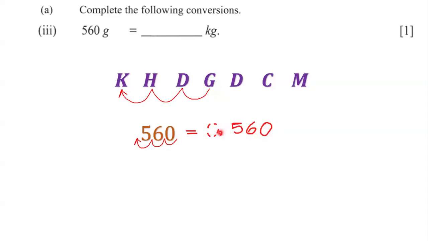This is absolutely correct. However, if you say the zero in the back doesn't matter, you're also absolutely correct. So you can just write it as 0.56. Both ways are correct. You won't be penalized anyway. Okay, cool. So that's our answer.